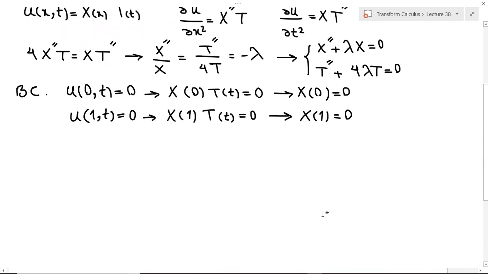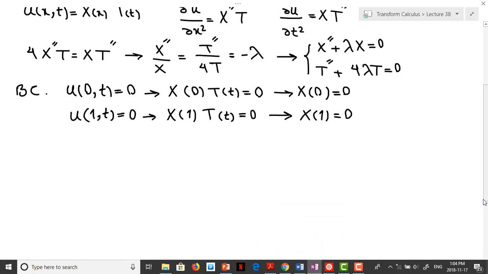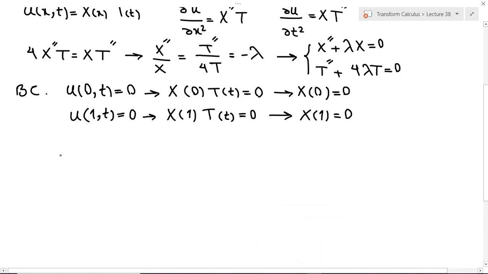Now we have to solve the ordinary differential equation X double prime plus lambda X equal to 0, and we have two boundary conditions, X of 0 equal to 0 and X of 1 equal to 0.